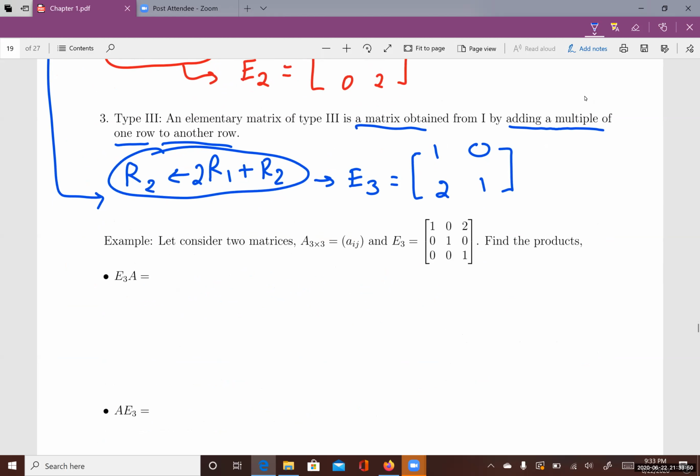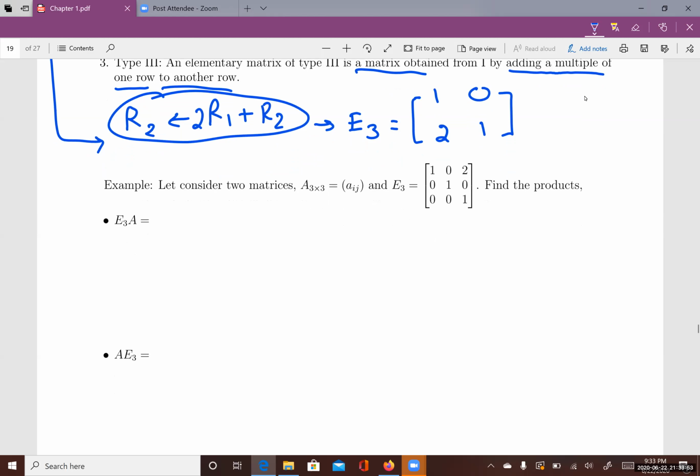Well, let's do a couple of examples. Let's consider two matrices. One is an arbitrary 3 by 3 matrix A. Another one is E3, an elementary matrix of type 3. Using this E3, I could guess that this is the resulting matrix of applying the third row operation on a 3 by 3 identity matrix.